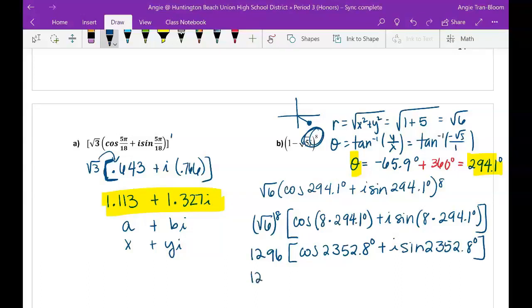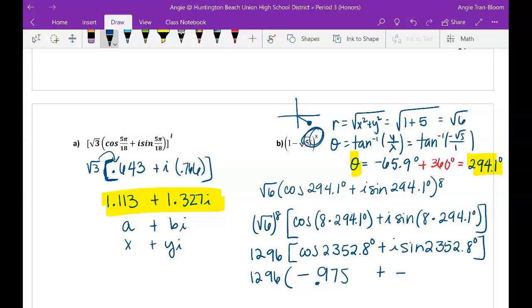It's negative 0.975, plus what is sine of 2352.8?